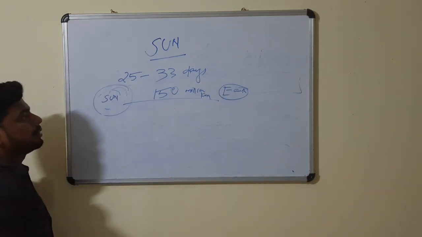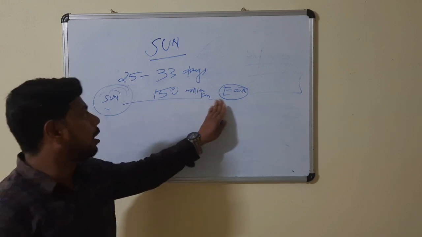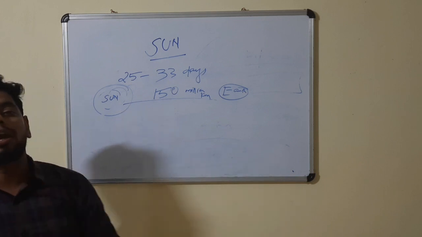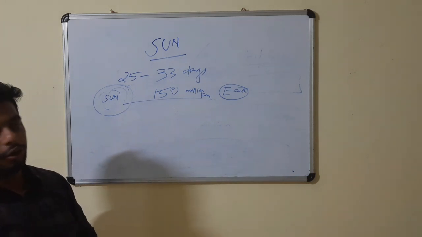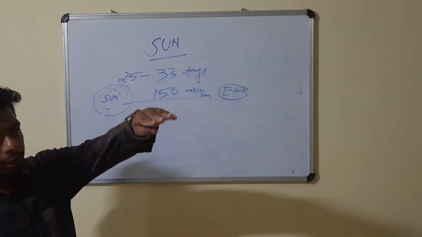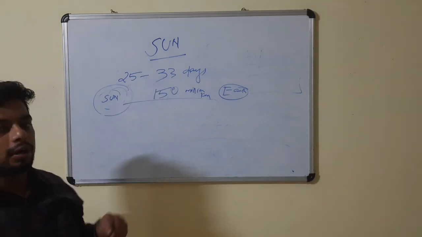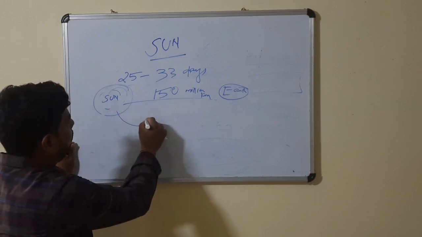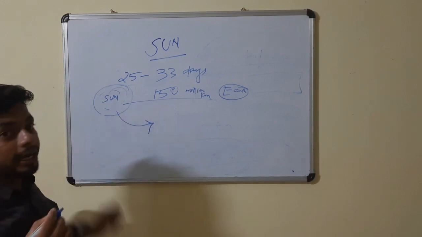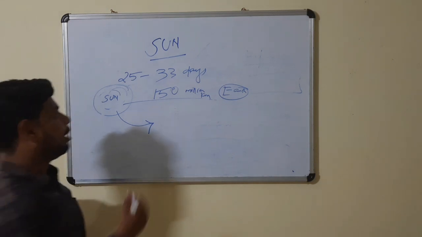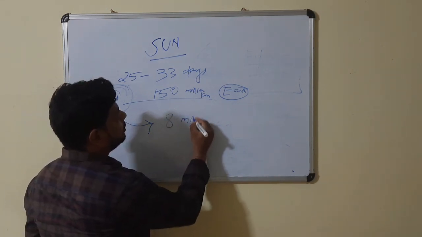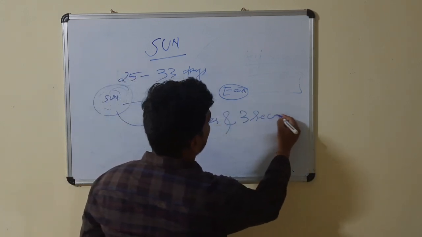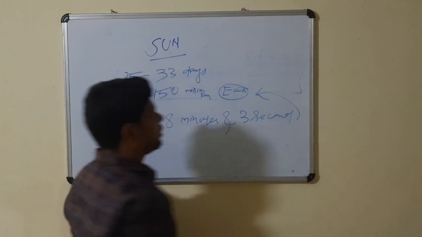The distance between the sun and earth is also called an astronomical unit, and that is the unit used for distances from one planet to another, right? And the sun's light takes 8 minutes and 3 seconds to reach the earth's surface.